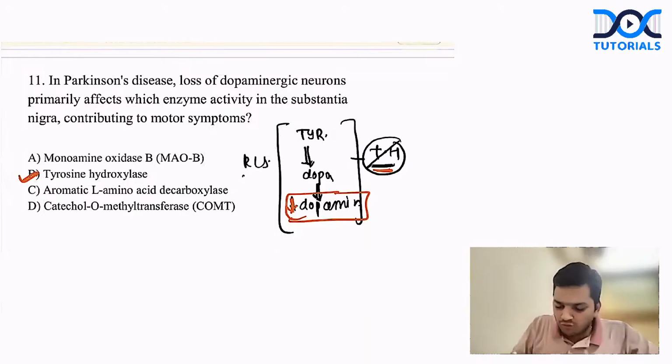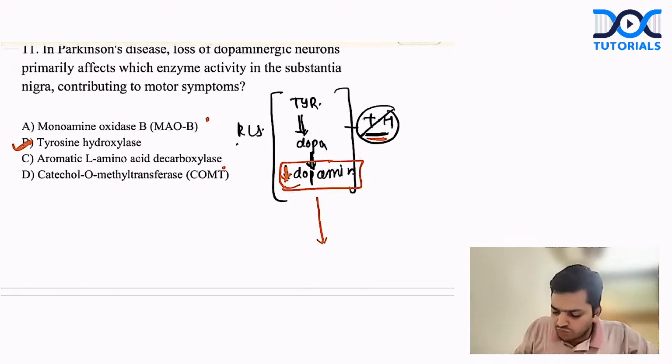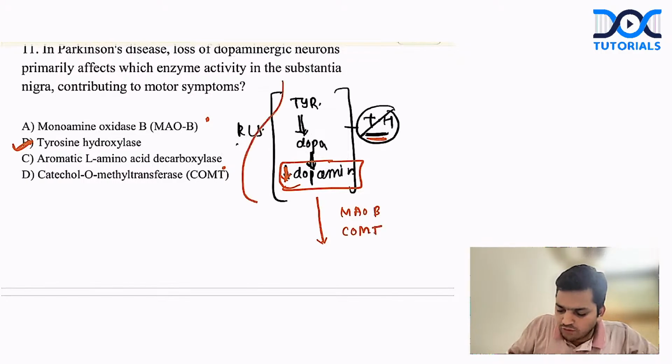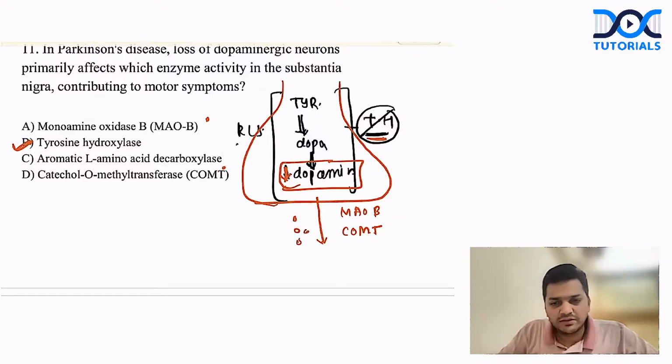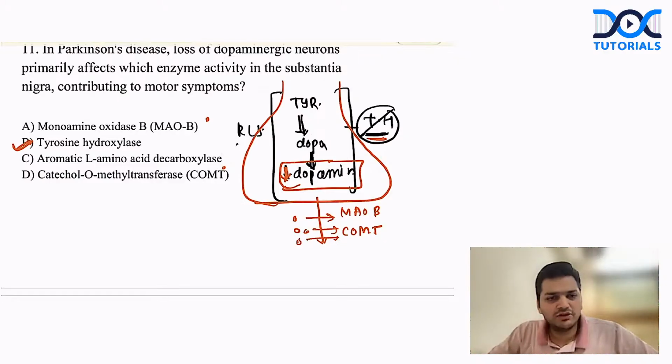When it comes to MAO-B and COMT, these enzymes are going to destroy the dopamine. Once the dopamine comes out of the nerve terminals into the synapse, the MAO-B and COMT enzymes work to remove the dopamine molecule. So their activity is not going to be decreased.